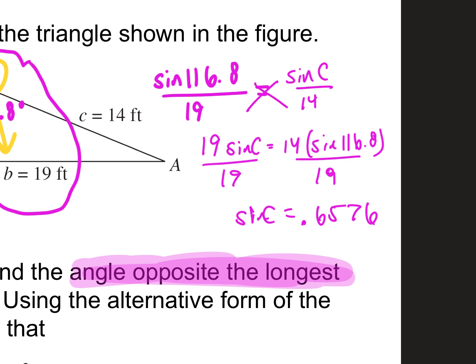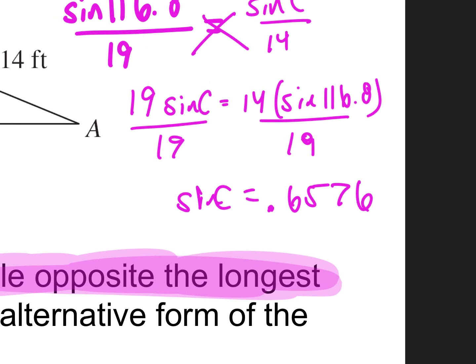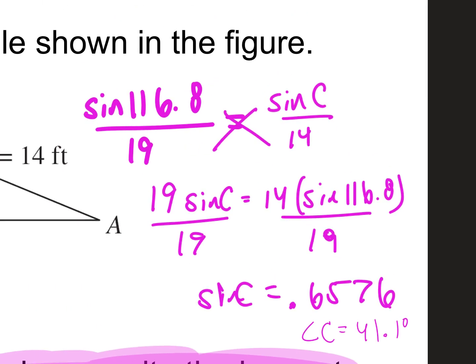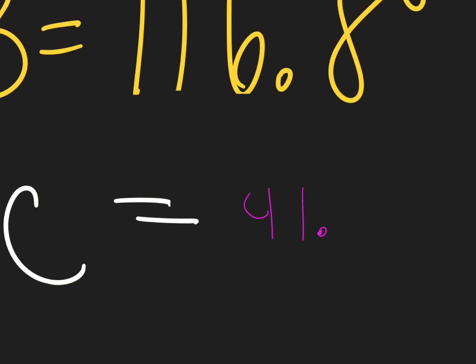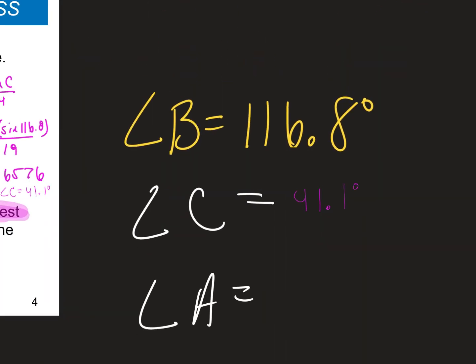You can hit either second answer or you can just plug in 0.6576. 41.1. So angle C is 41.1 degrees. Make sure you put your degree mark. So look over here. I'm going to say, okay, angle C is 41.1 degrees. Do we have to show flipping into the inverse? No. Yeah. 41.1 degrees. All right.